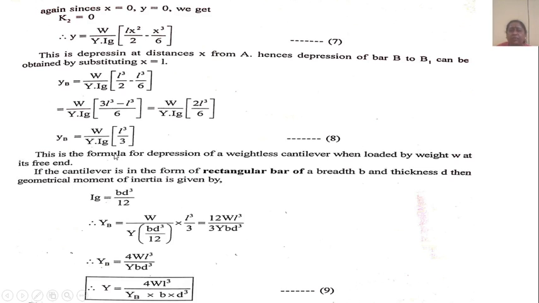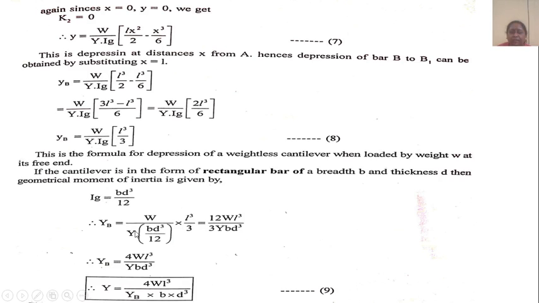This is the formula for the depression of a weightless cantilever when loaded with weight W at the free end. Now, if the cantilever is in the form of a rectangular bar of breadth b and thickness d, the geometrical moment of inertia is given by Ig equal to b into d cube upon 12.